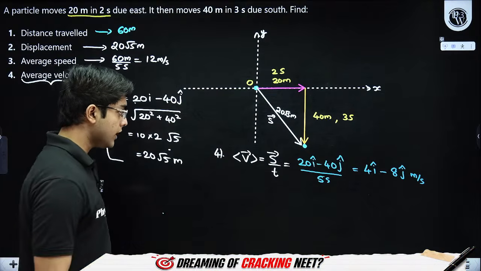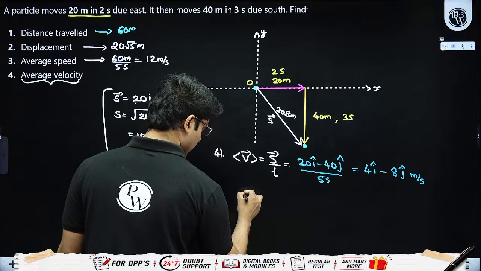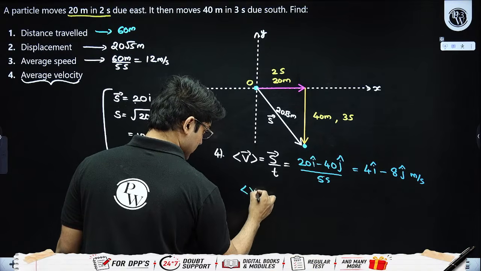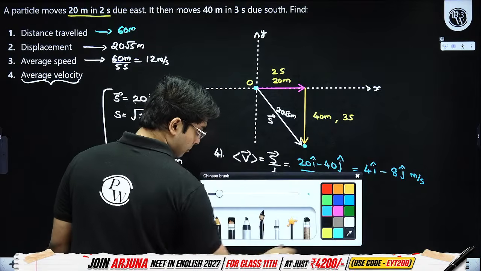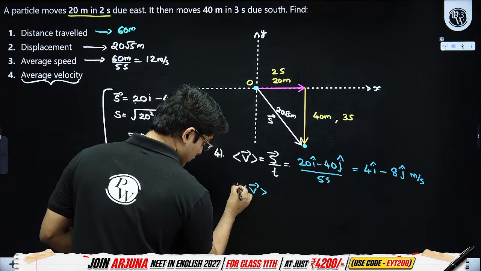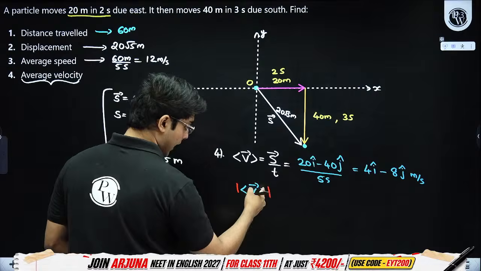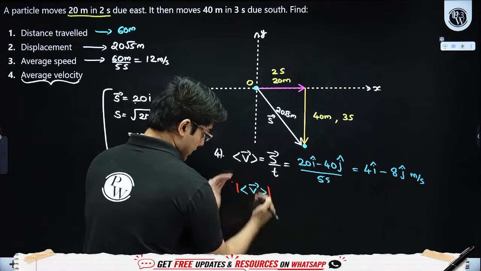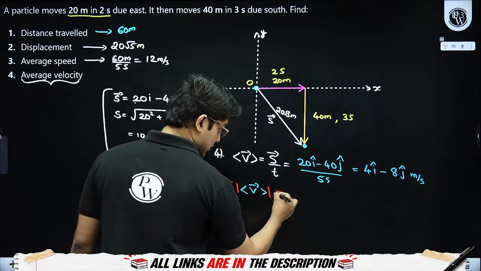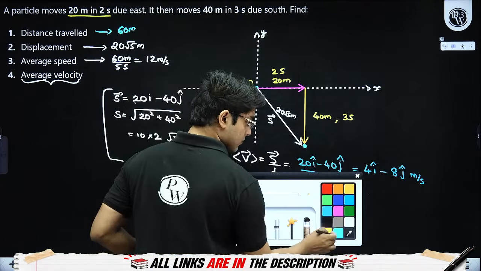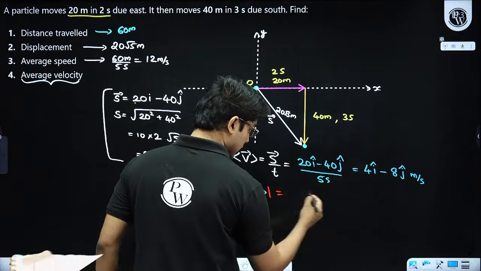Now if you only need the magnitude, look at this. This is the average velocity vector. If you want the magnitude, I will put 2 symbols like this. This means magnitude of the thing inside, which is the average velocity vector. What is the magnitude of this vector?